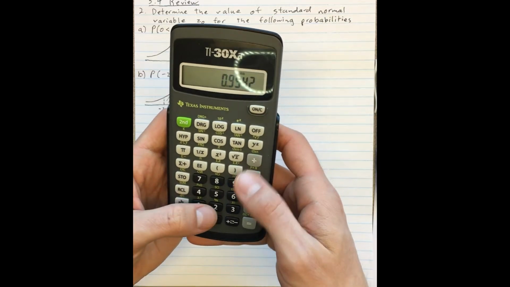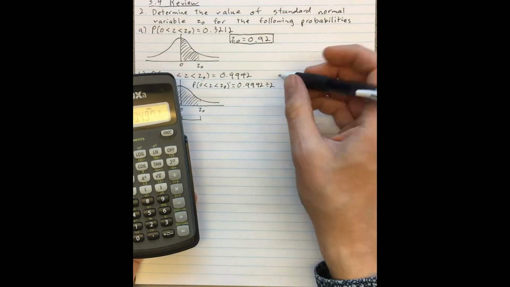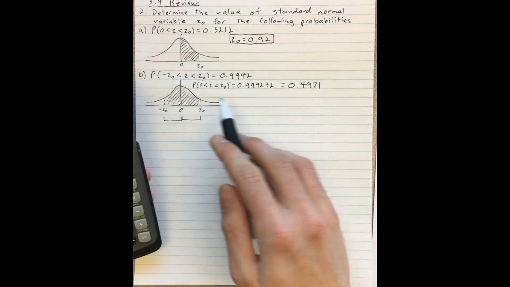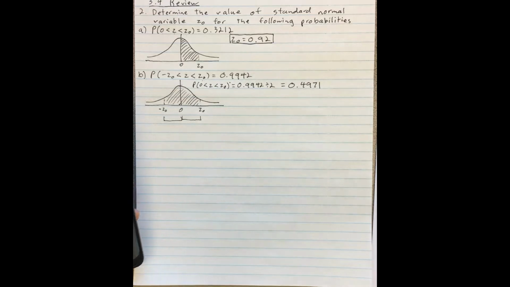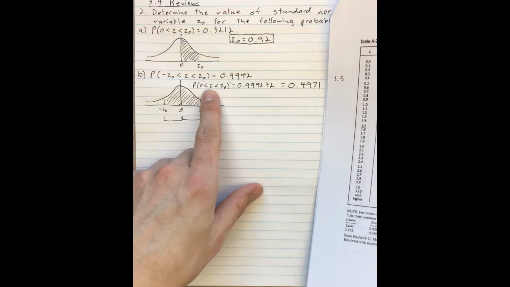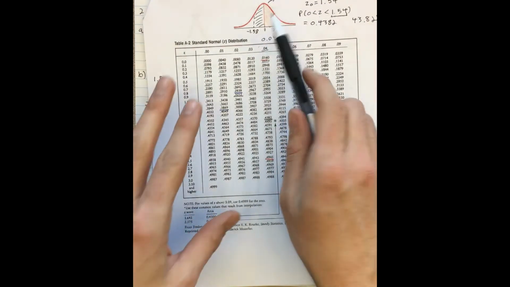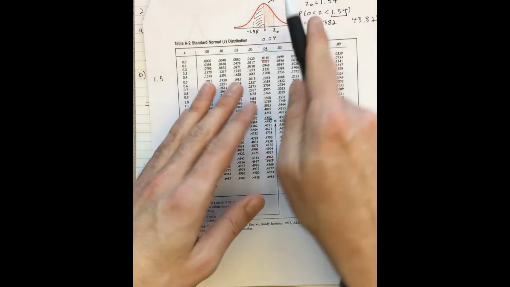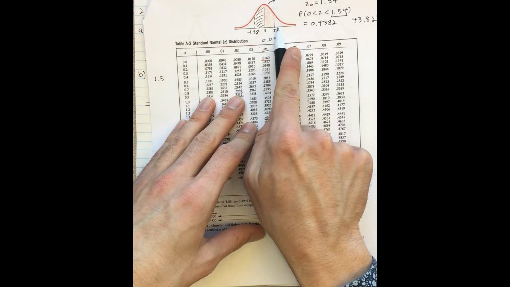0.9942 divided by 2, I get that this is equal to 0.4971. The reason I'm focusing on half is because everything around this table, as you're coming to see, is based around 0 up to some number.